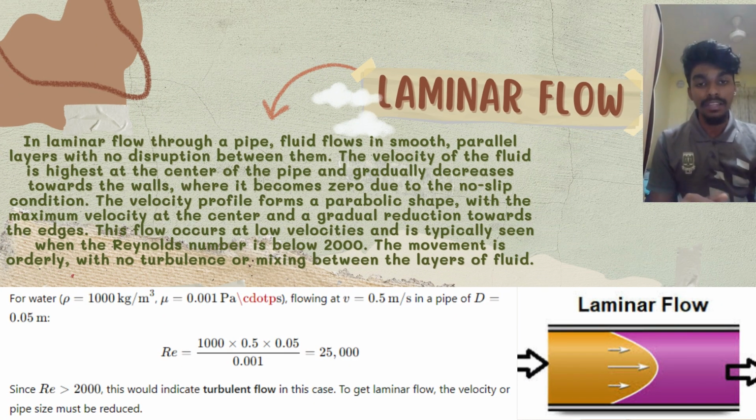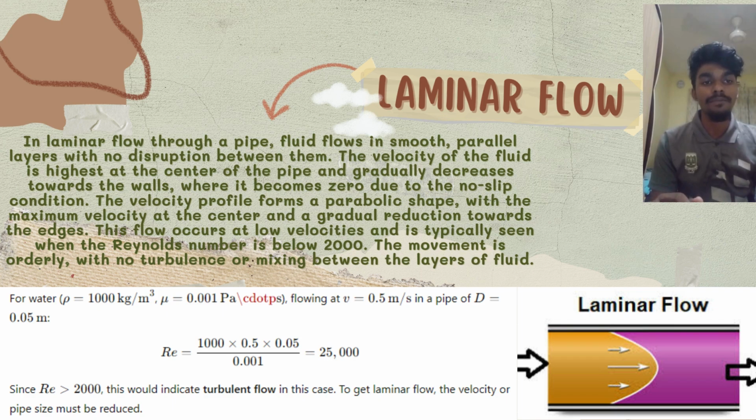So we'll get into laminar flow first. In laminar flow through a pipe, fluid flows in smooth parallel layers with no disturbance between them. The velocity of the fluid is highest at the center of the pipe and gradually decreases towards the wall, where it becomes zero due to the no-slip condition.